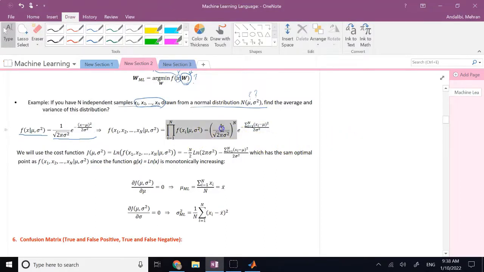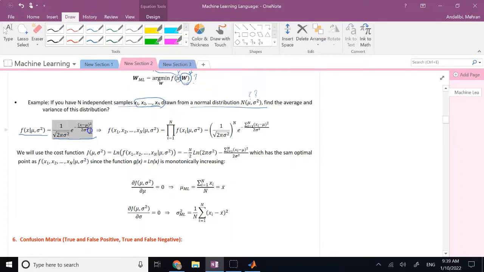This formula is the probability, the model of all of these data, x1 to xn, coming out of that normal distribution. Now what? Now I want to make sure this function is maximized. I have the maximum chance for such happening because this term here is a probability, right?